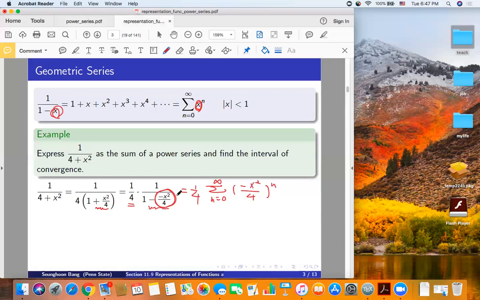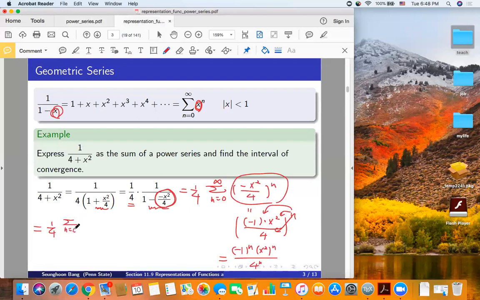The next step is the same as minus 1 times x squared over 4, to the power n. You distribute the power n to the minus 1, the x squared, and the 4. So it's the same as minus 1 to the power n, x squared to the power n over 4 to the power n. You can split: 1 over 4 summation n equal 0 to infinity, minus 1 to the power n, x squared to the power n over 4 to the power n.